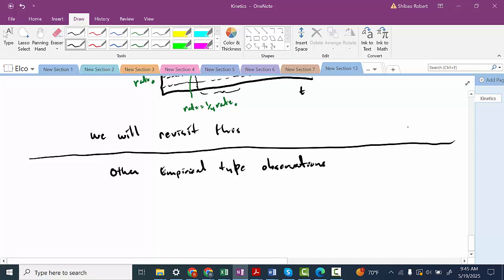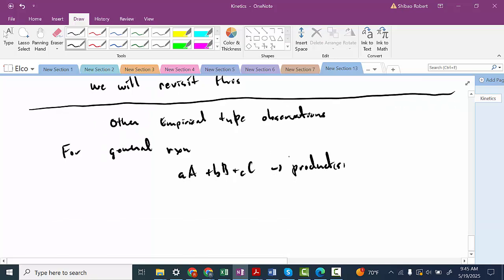So this is going to be for a general reaction: aA plus bB plus cC yields product. What we're going to come up with is something called the rate law.